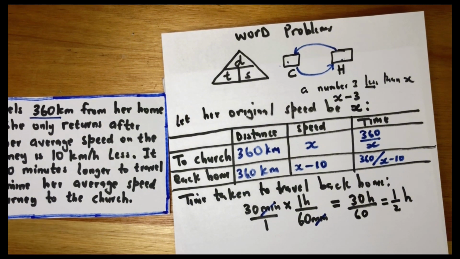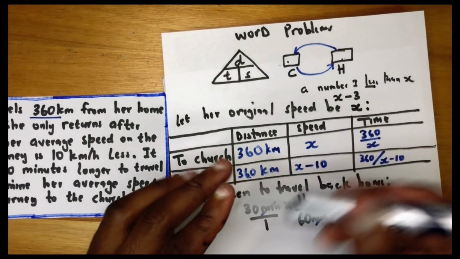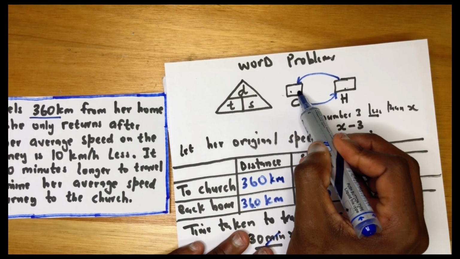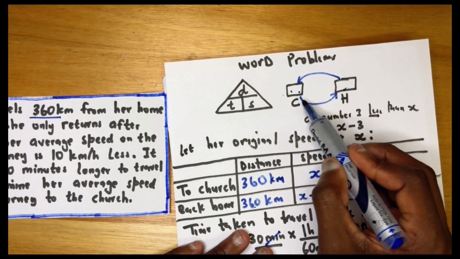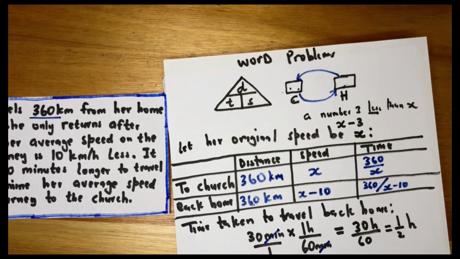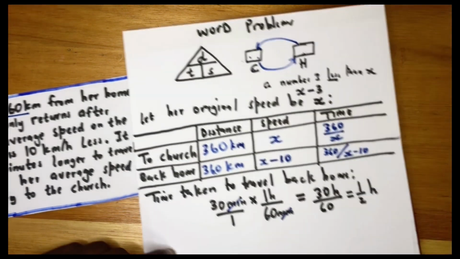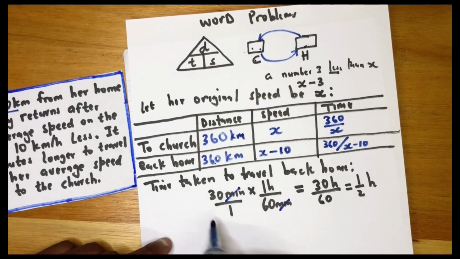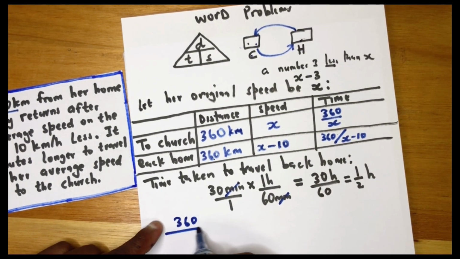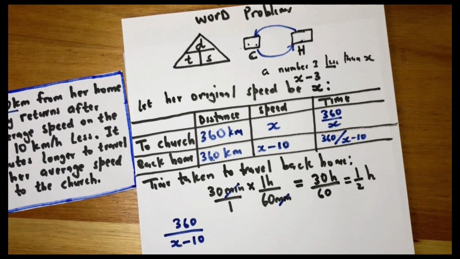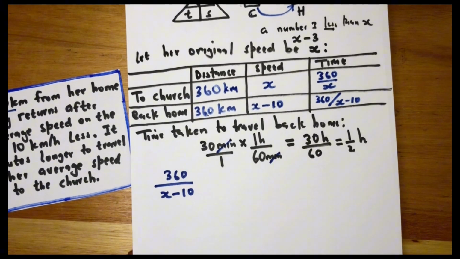Remember, we have to set the equation here, because we know that whatever took Ntombi from church to home must be equal to when she was traveling back from church to home. So the time taken from back home was 360 over x minus 10. That's the time taken when she was traveling back home, right?